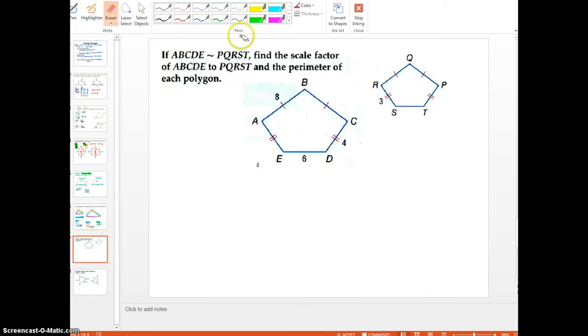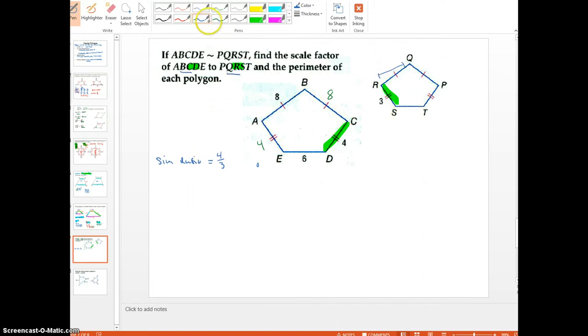Now, here we want to find the perimeter of each of these figures. So just by congruent sides, that's 8 and that's going to be 4, because these go together, these go together. Now, in order to find the perimeter of the other one, we have to find all the sides. Well, we know RS corresponds to CD, so the similarity ratio or scale factor is going to be 4 to 3.